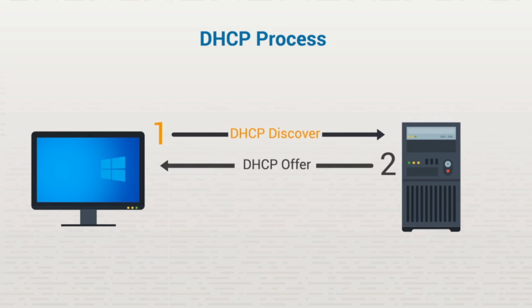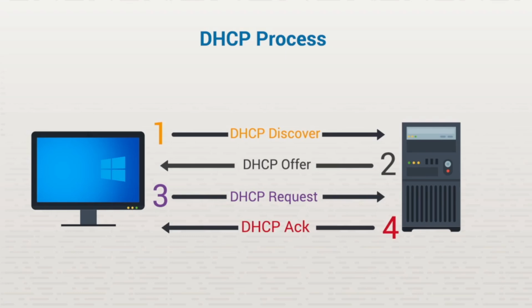This packet contains the DHCP server's information. The client then sends a DHCP request packet to the server. The final step is the server sending a DHCP ACK packet or DHCP Acknowledge packet. This assigns the client's IP configuration and allows the client to start communicating on the network.